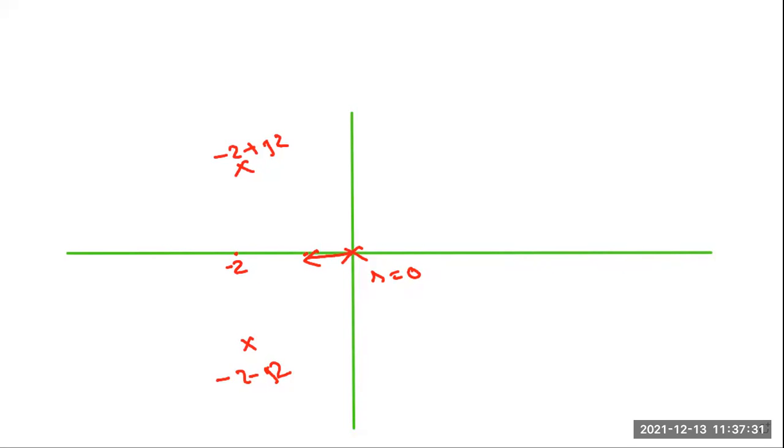And number of poles minus number of zeros is how much? 3. So minus 4 by 3, that is minus 1.33. Okay. So this will be your centroid point.